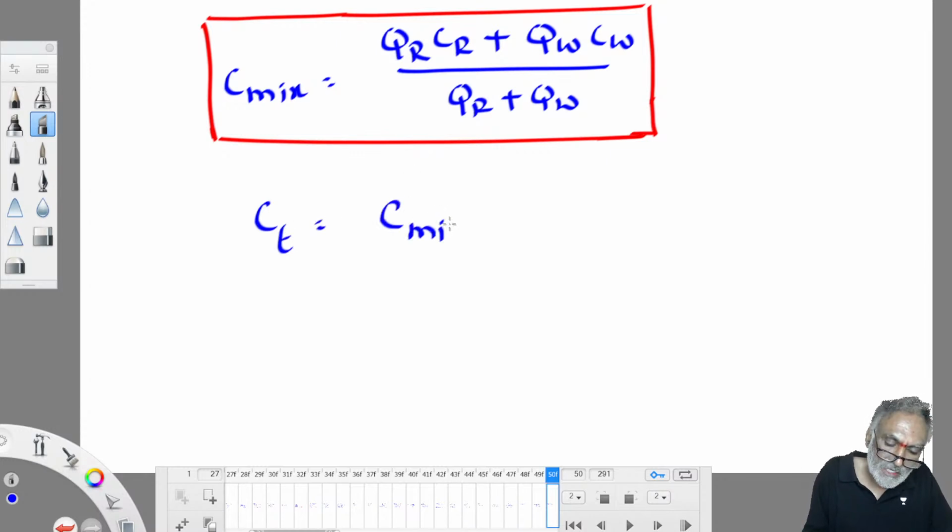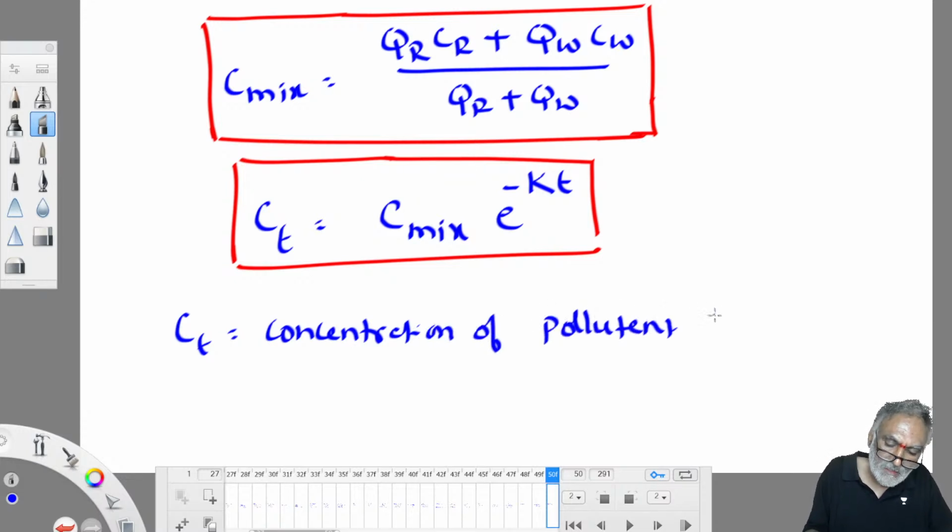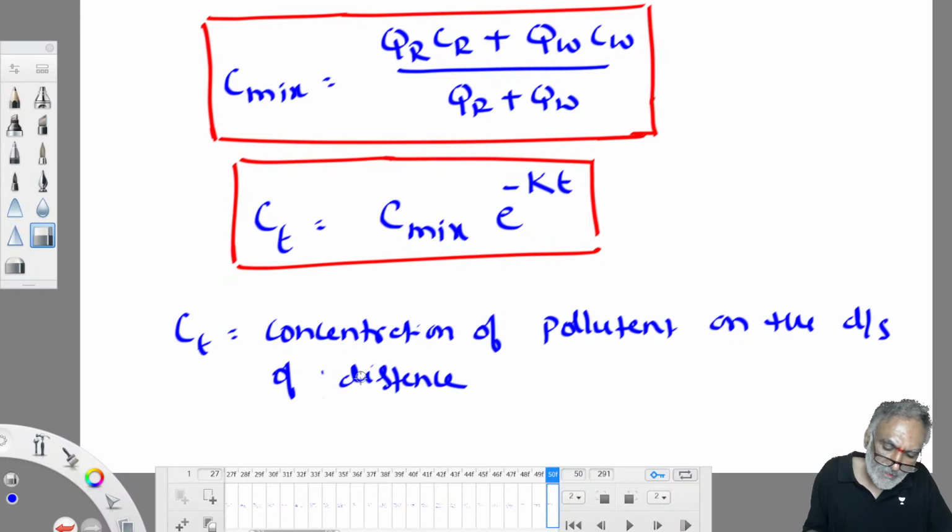That CT exponentially decreases due to self-purification capacity at a rate K in time T. So CT is the concentration of pollutant on the downstream of disposal, at a distance L kilometers.